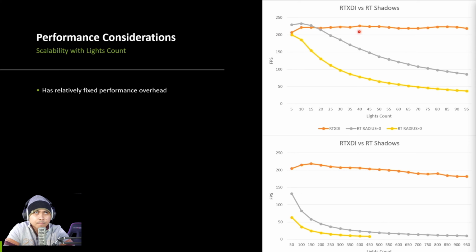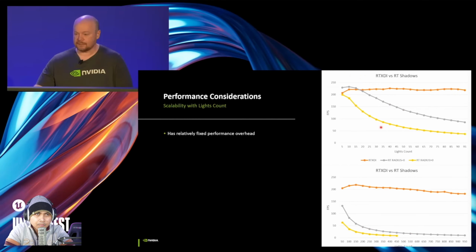There's some fluctuation in performance, but not much. Whereas traditional ray tracing, especially the yellow line, which shows ray traced lights with some area to them, which is how you'd want to use ray tracing or path tracing, falls off sharply as you add in more lights, and that's because they're being processed individually rather than all together.